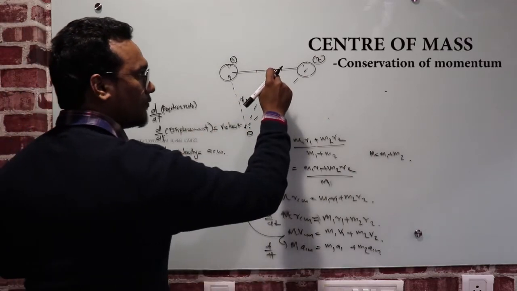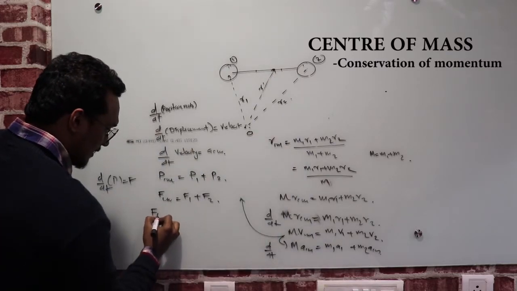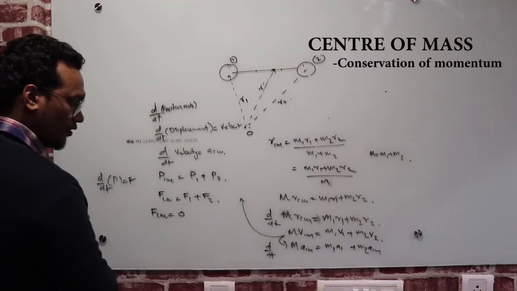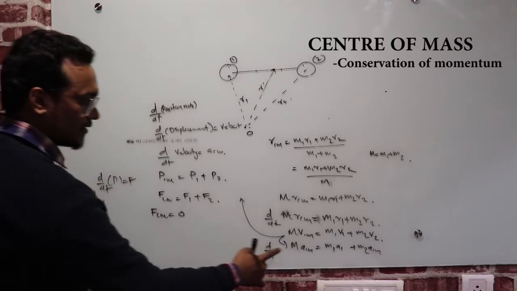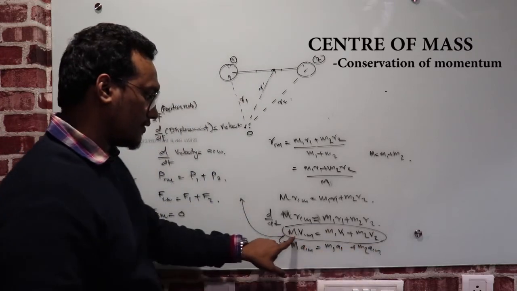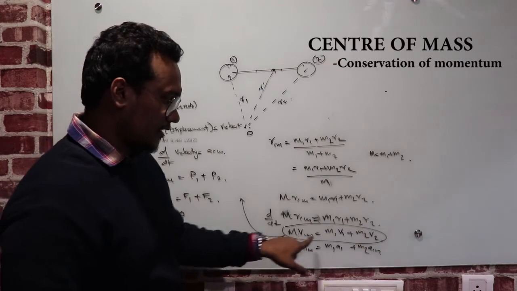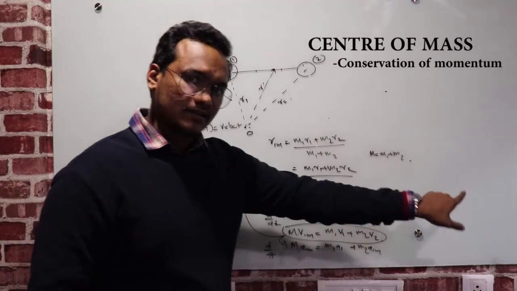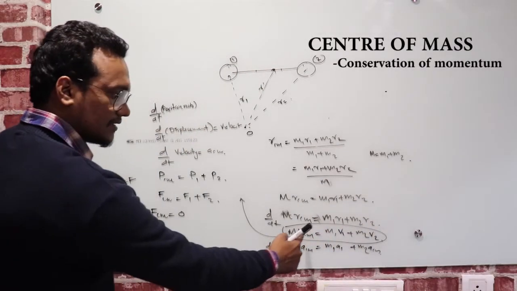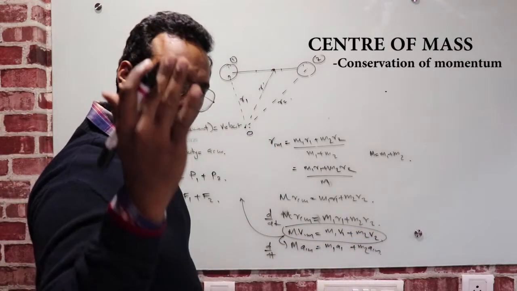So let's say if the net force acting on the body is 0, in that case FCM is equal to 0. Which means differentiating this equation gives the net force acting on the center of mass, so if you differentiate this, you will get 0. Which means this is a constant, because you know that the differential of a constant is equal to 0.